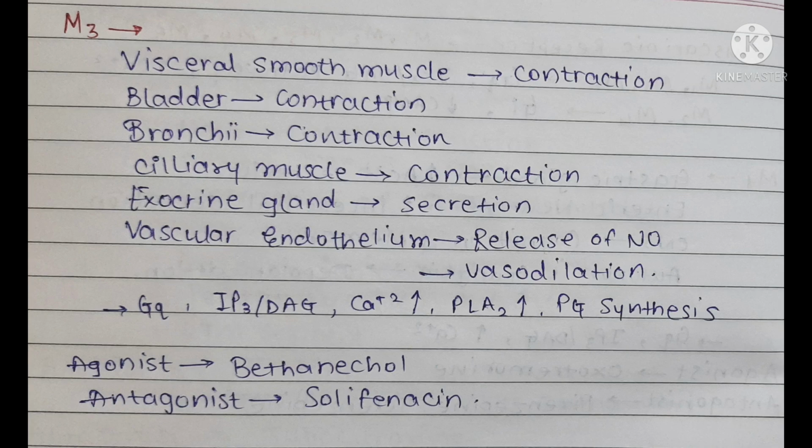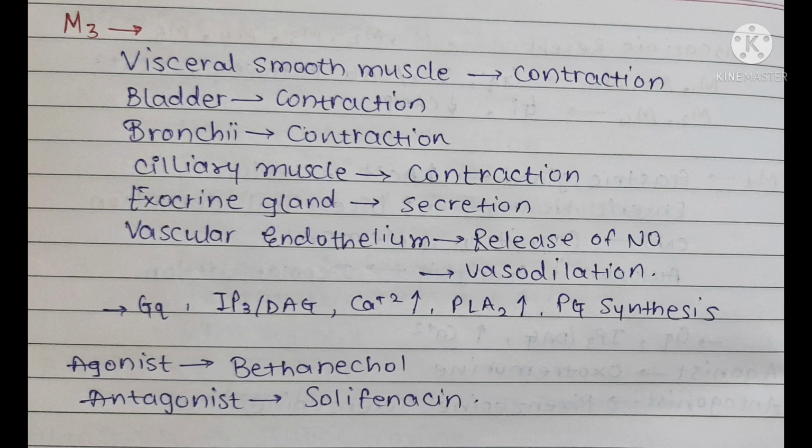Let's see the location and function of the M3 receptor. The M3 receptor is present at visceral smooth muscle, bladder, bronchi, ciliary muscles, exocrine glands and vascular endothelium. In visceral smooth muscle, bladder, bronchi and ciliary muscles, it contracts, and in exocrine glands, it increases secretion. At vascular endothelium, there will be release of nitric oxide and vasodilation.